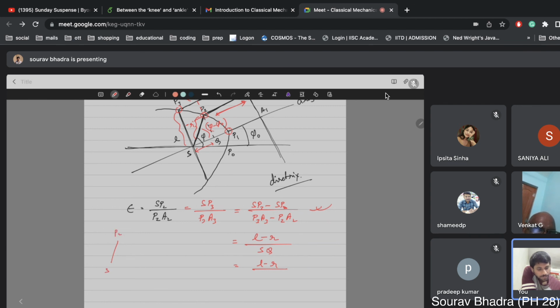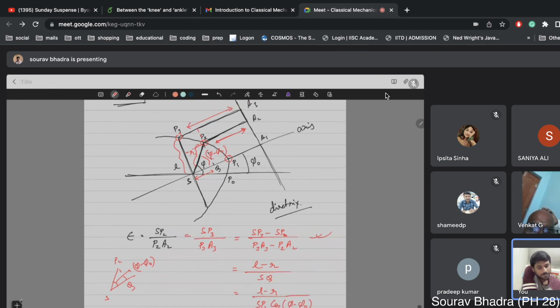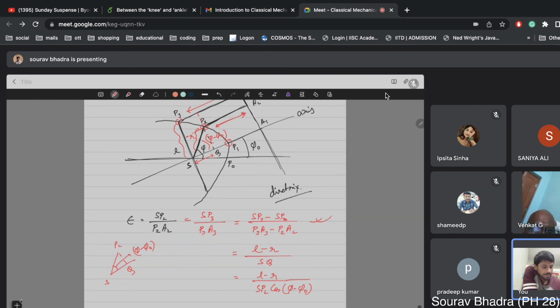This was SP2, this was the angle, and this was SQ. So this angle is phi minus phi 0. So your SQ is SP2 times cos of phi minus phi 0, right? And your SP2 is R, which we have already taken. This R is a variable.